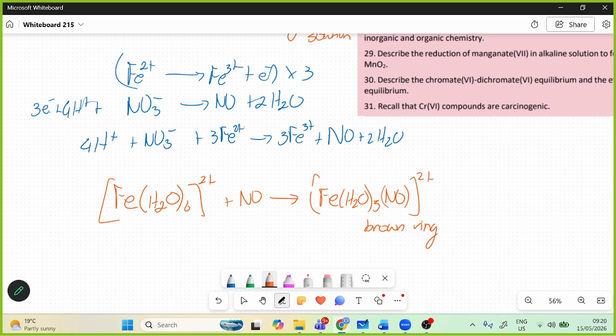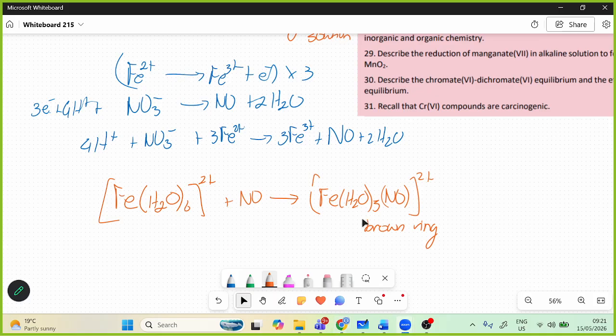No. It's just a brown ring because you see a brown ring.